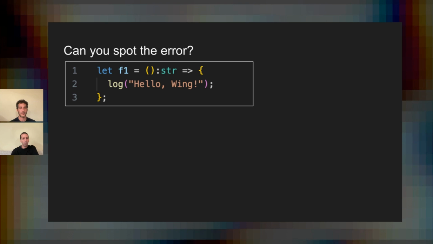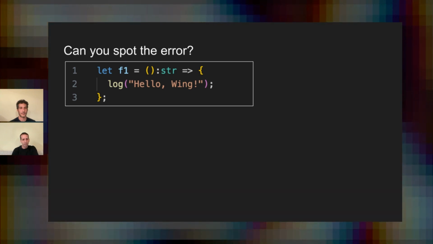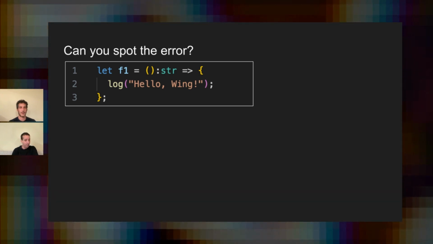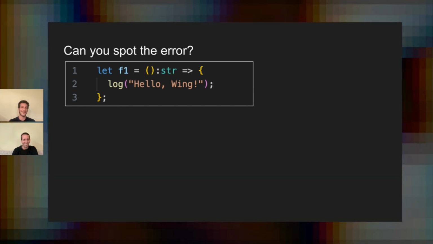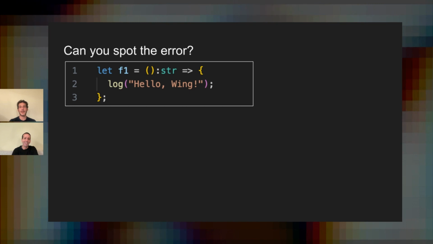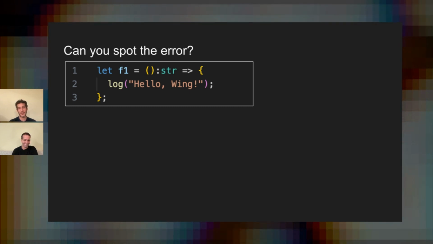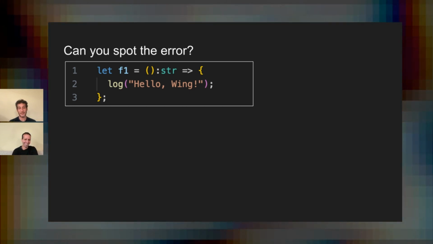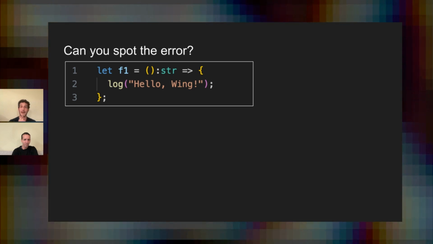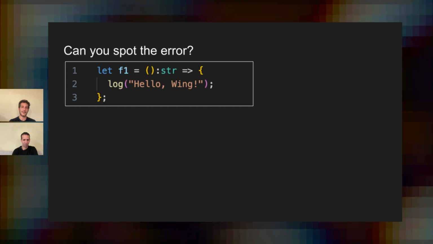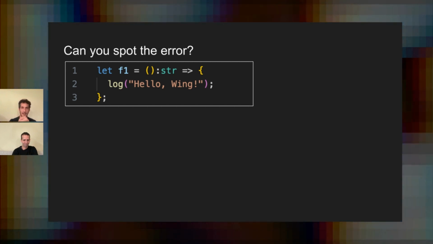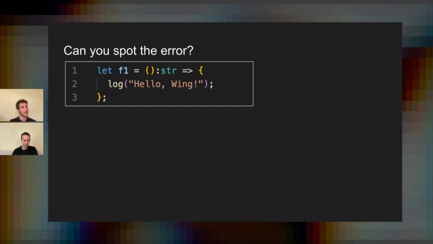Okay. Before I go to another thing by Chris, I want to ask the audience, you, myself: can you spot the error? It took me some time, the last option, and the reason it took me some time is that I'm used to there not being an error. The error is that this function declares that it returns a string, although it doesn't return a string.